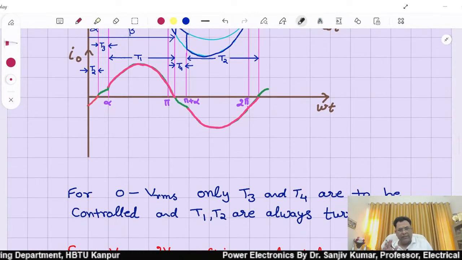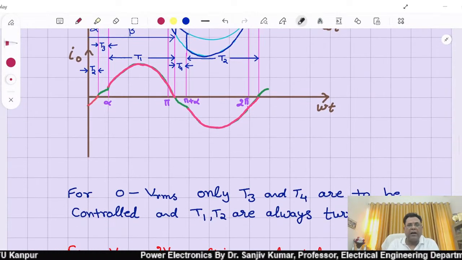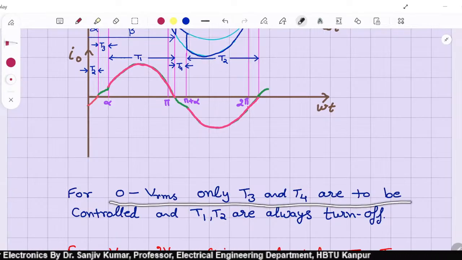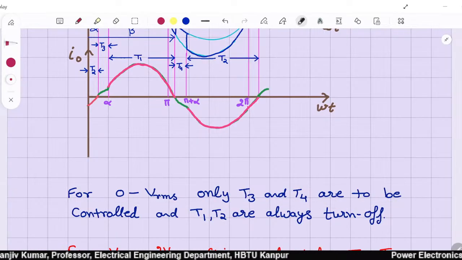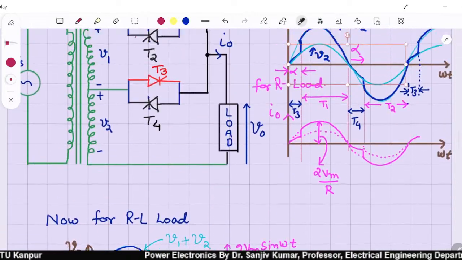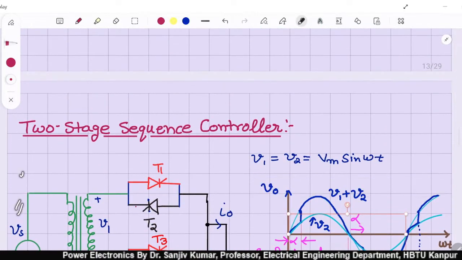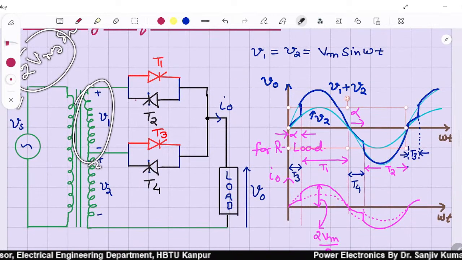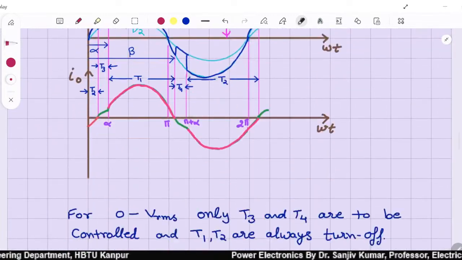So you can make the note that for controlling 0 to VRMS, only T3, T4 are to be controlled. T1, T2 are always turned off. Here one thing you should be clear about, this Vs is equal to twice Vrms sine of omega t. So half of Vrms here and half Vrms here.